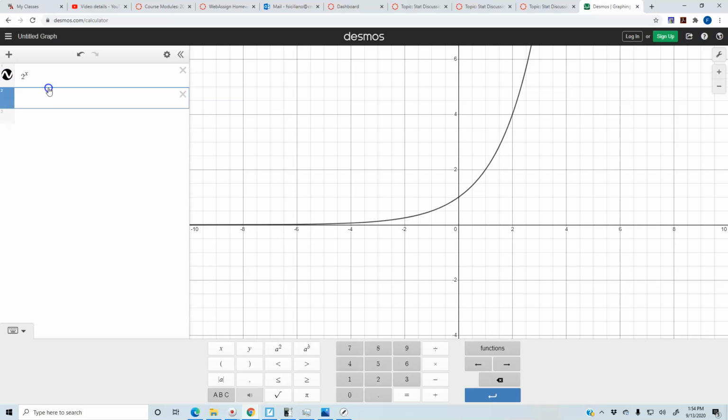So what we first did is we applied the horizontal reflection. So we put in negative x.